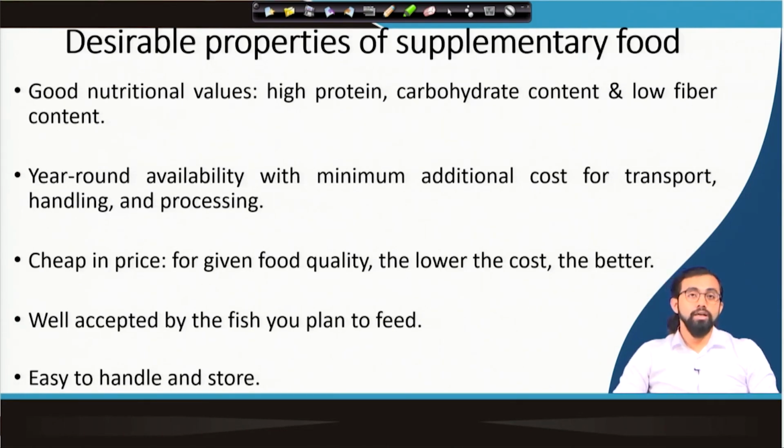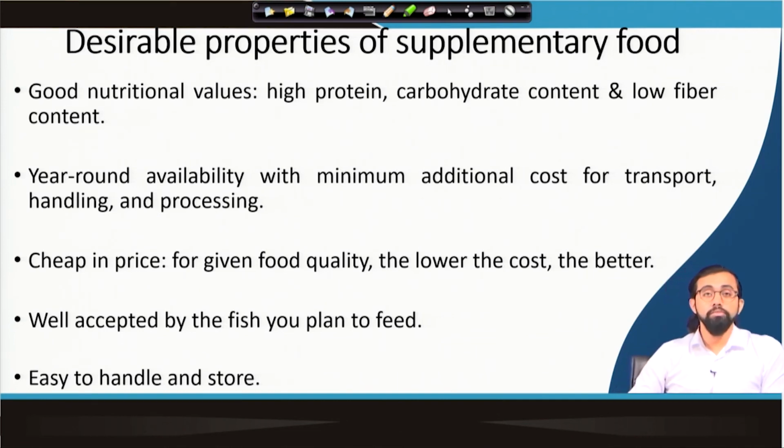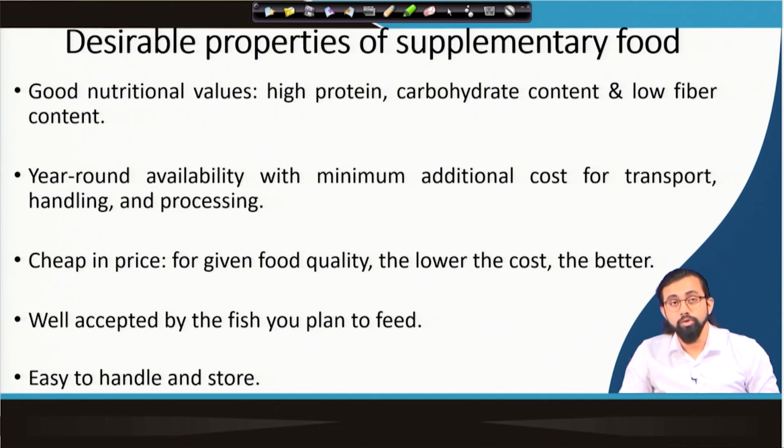What are the desired properties of the supplementary feed? It has to have high protein and carbohydrate content, and very low fiber content. Year-round availability should be there, with minimal additional cost for transport, handling and processing. It should be cheap in price for given food quality, and the lower the cost the better, obviously, from the economic point of view.